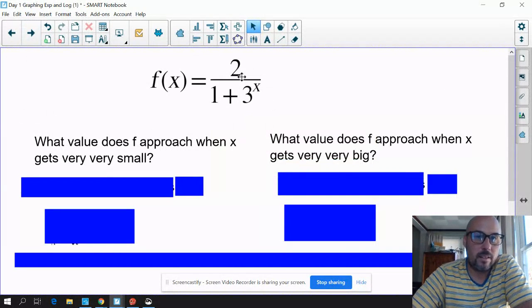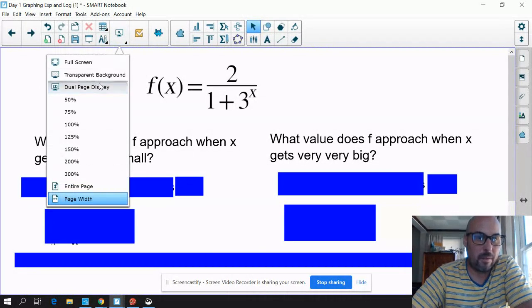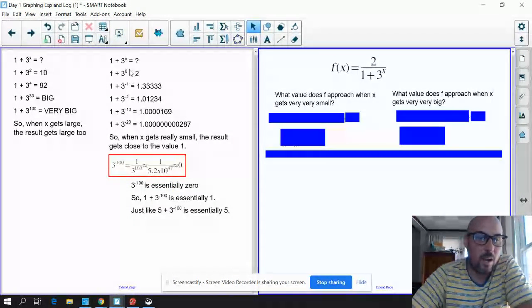Okay, so here is a logistic function. What happens when x gets really, really, really small? Well, we kind of thought about that one already. 1 plus 3 to the x, when x got really, really small, is basically 1 plus 0. So when x gets small, the denominator becomes 1 plus 0, so it just becomes 1.